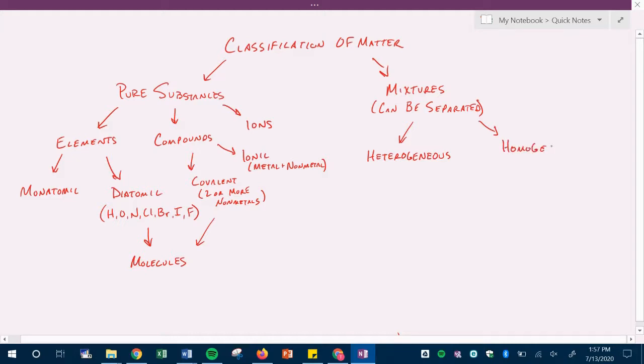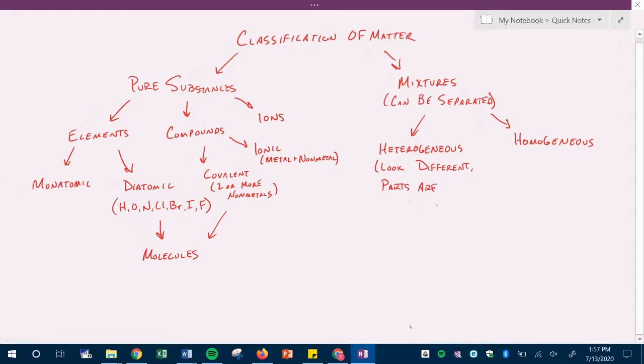Now, our way of deciding whether something is heterogeneous versus homogeneous is that heterogeneous mixtures all look different, meaning the parts are visible. So this is stuff like a salad where you can see the lettuce versus the tomato versus the croutons.